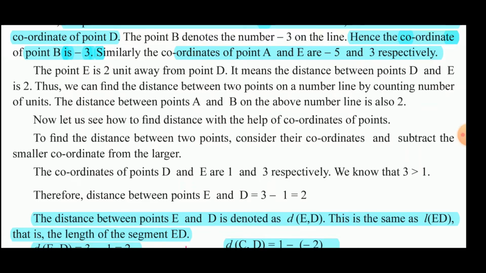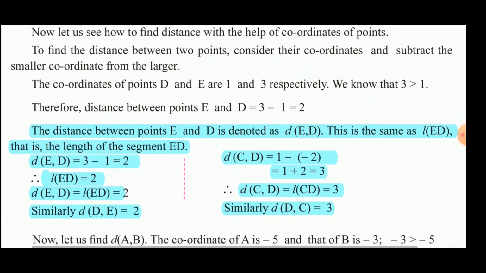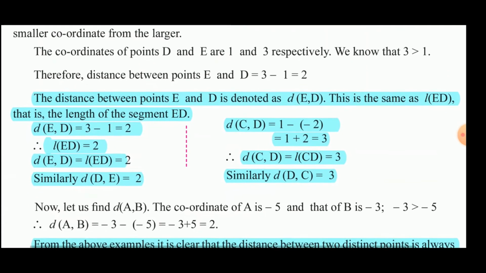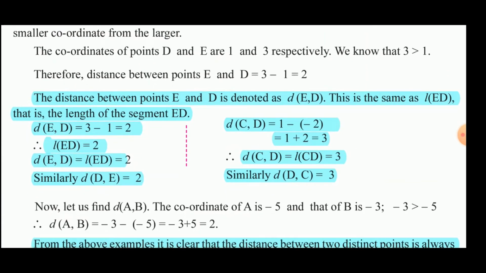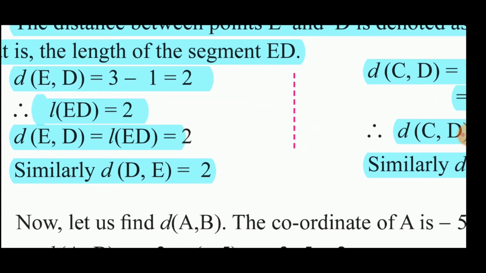Therefore the distance between the points E and D is 3 minus 1, that is equal to 2. Clear? The distance between the points E and D is denoted by DE. Therefore the distance DE will be given by the larger coordinate minus the smaller coordinate. So this is 3 minus 1, that is 2. So length ED is equal to 2.